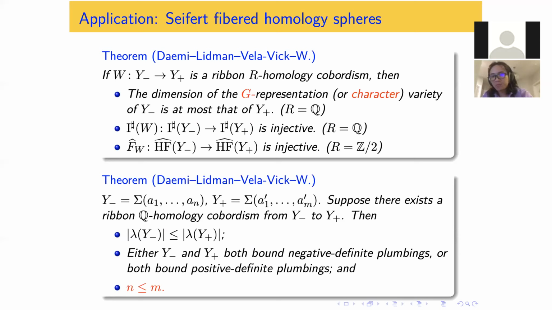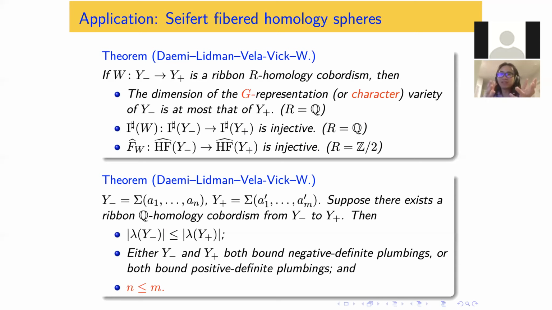So what we do is that we just prove that for Y minus or Y plus, for Seifert fibered homology spheres, you always have an irreducible representation that has the maximal possible dimension in the Zariski. Sorry, you always have a representation with the maximal Zariski tangent space dimension, which is 2n minus 6.